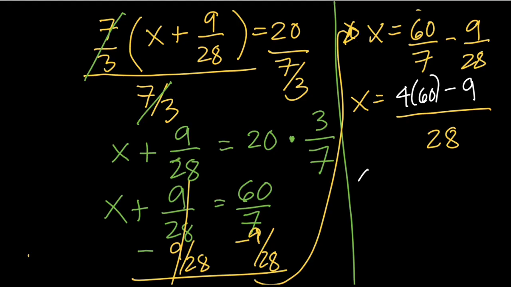So what is 4 times 60? Yeah, 240 minus 9. Okay, so this is 231 over 28. But you don't have 231 over 28 in your choices, so you need to divide that. You can either use long division or use your calculator.